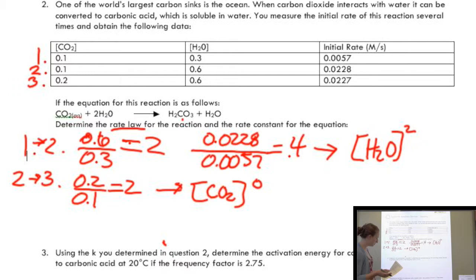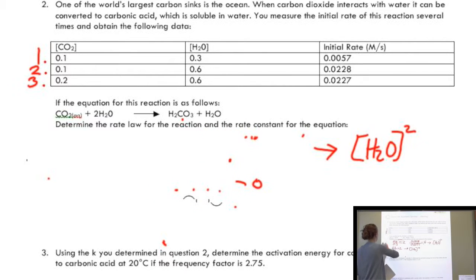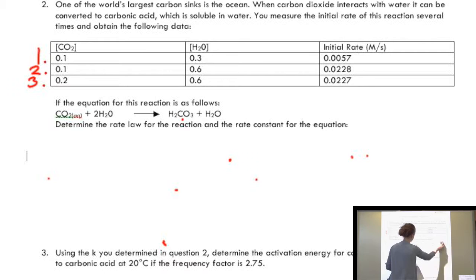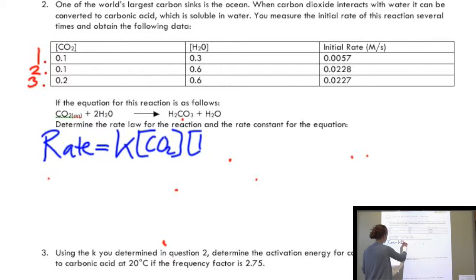So the next thing that you want to do is plug this into your rate equation. So you know that carbon dioxide is 0 order, water is second order. So you want to plug this into the rate equation, which is rate equals constant K times the concentration of your reactants.